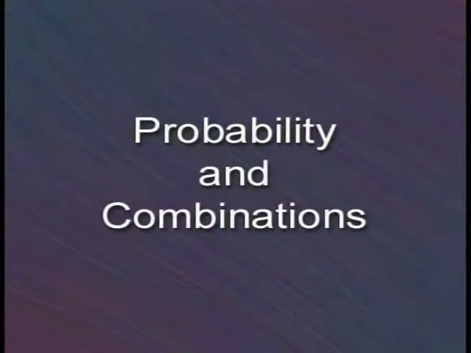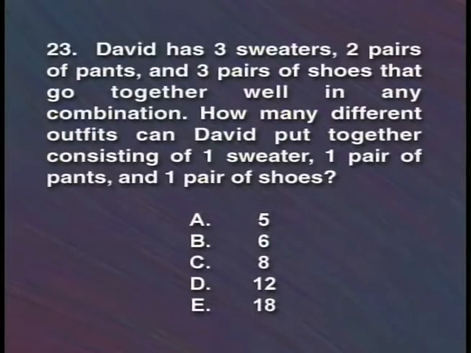Problem 23. David has 3 sweaters, 2 pairs of pants, and 3 pairs of shoes that go together well in any combination. How many different outfits can David put together consisting of 1 sweater, 1 pair of pants, and 1 pair of shoes?